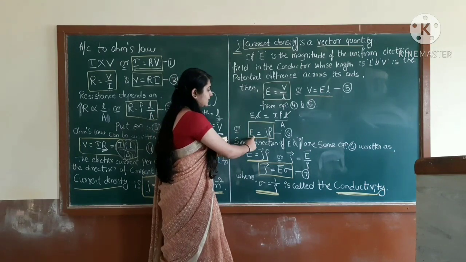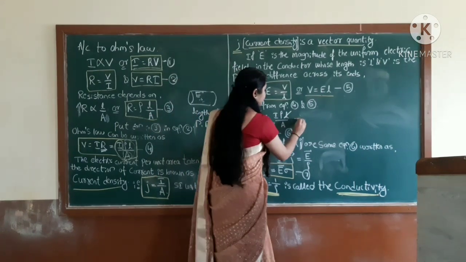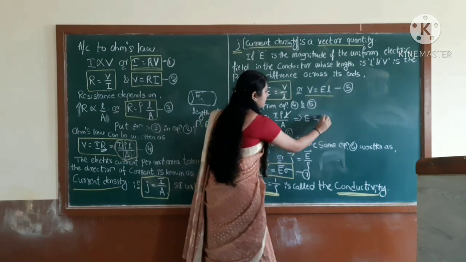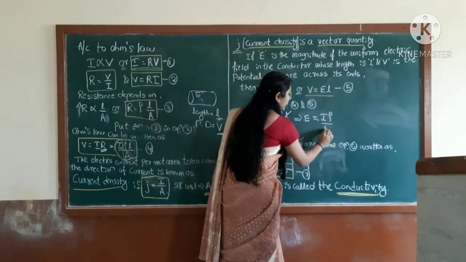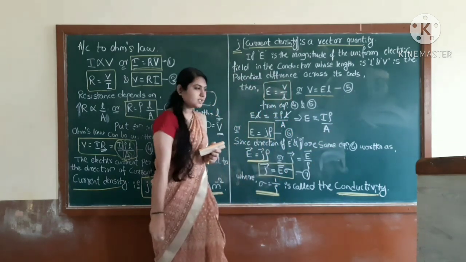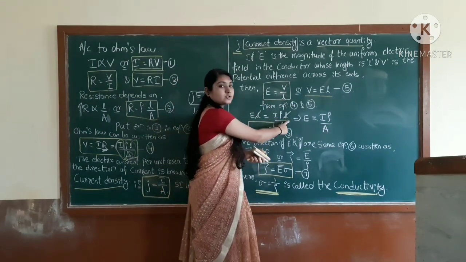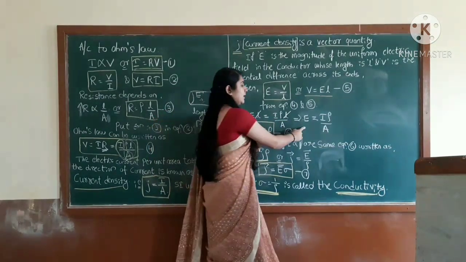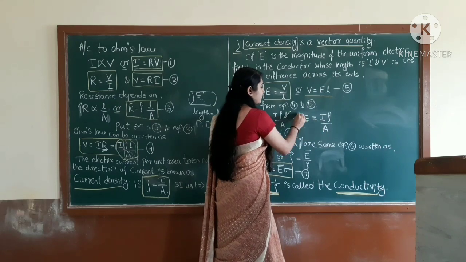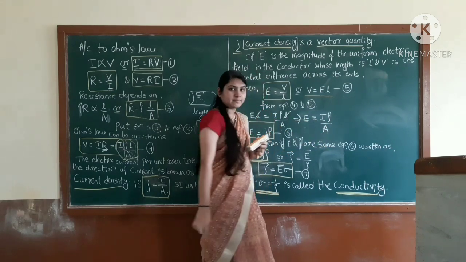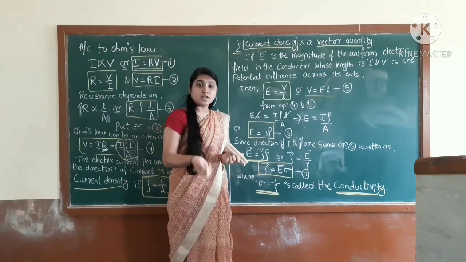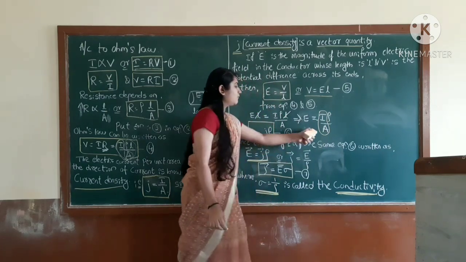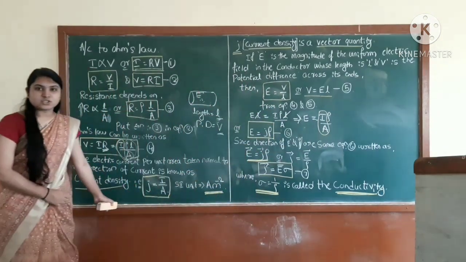E is equal to I rho divided by A remains. Here L is present and here also L is present, I will cancel at both sides. Then E is equal to I into rho divided by A. So students, now you consider this I by A. We know it from the current density definition, correct?